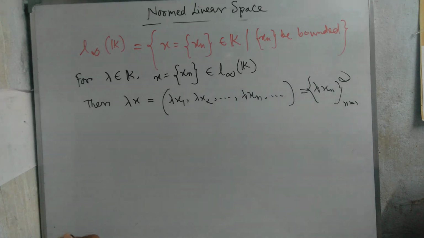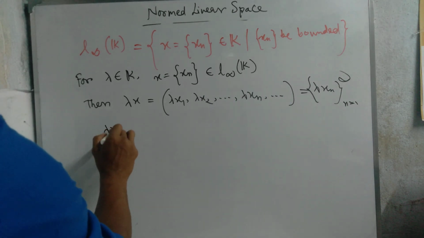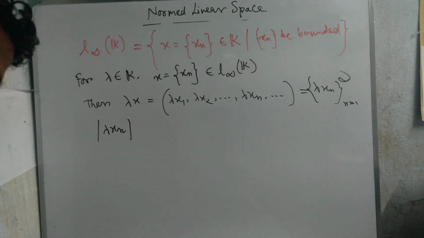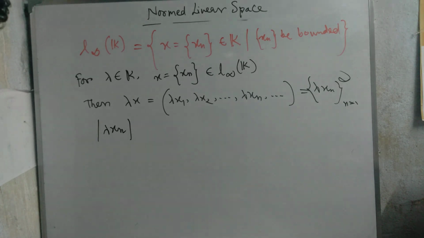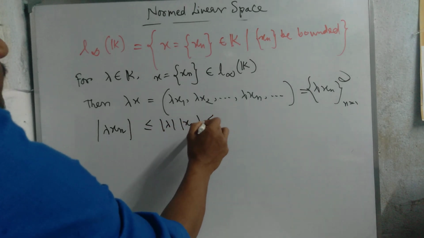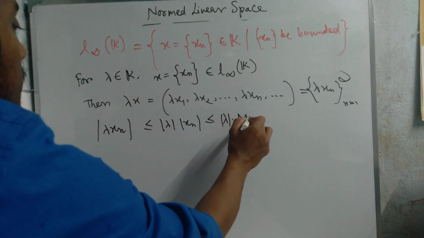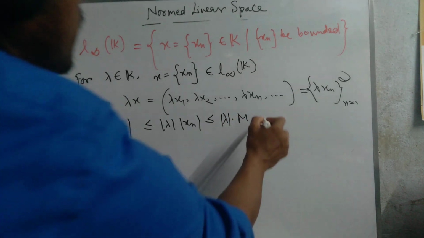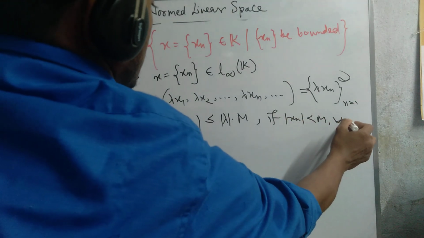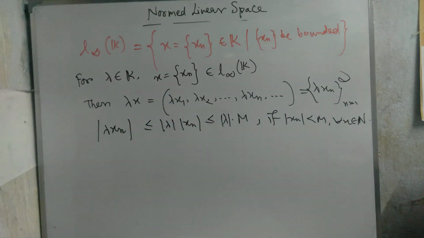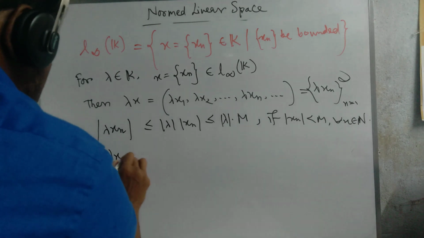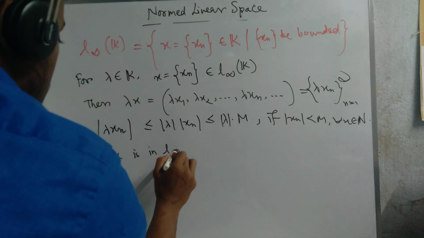That means the norm of lambda xn is less than or equal to norm lambda times norm xn, which is less than or equal to norm lambda times m, if norm of xn is less than m for all n belonging to N. Then lambda x is in L infinity k.